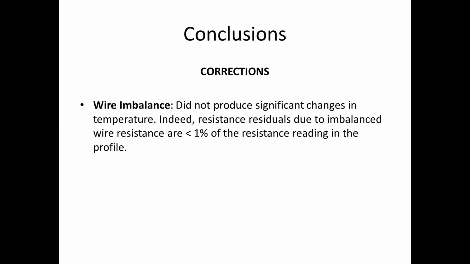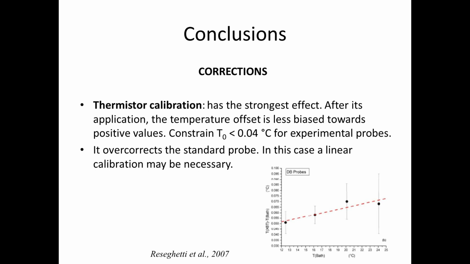So for the wire imbalance, if we include that information of the resistance to the resistance profile and then convert that to temperature, it is also really small. But the thing is that this residue is less than 0.1% of the reading, so we wouldn't expect much there either.